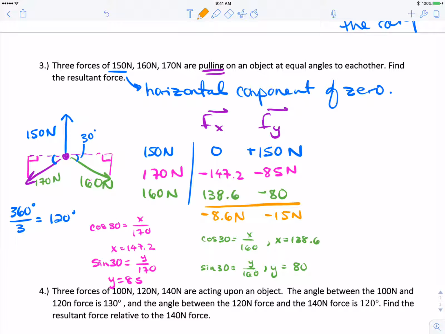To find the overall resultant, the magnitude of the resultant, that's just like my side length. So we use Pythagoras. A squared plus B squared equals C squared to finish it off. So finishing off my problem for the resultant, the magnitude of R is the square root of negative 8.6 squared plus negative 15 squared.